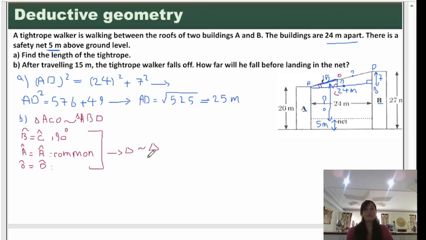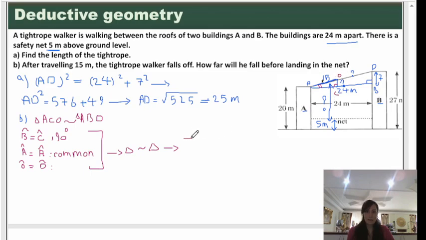When I prove these triangles are similar, we know the corresponding sides are in the same ratio. That means I have 7 as a height here, so 7, which is BD, over OC.